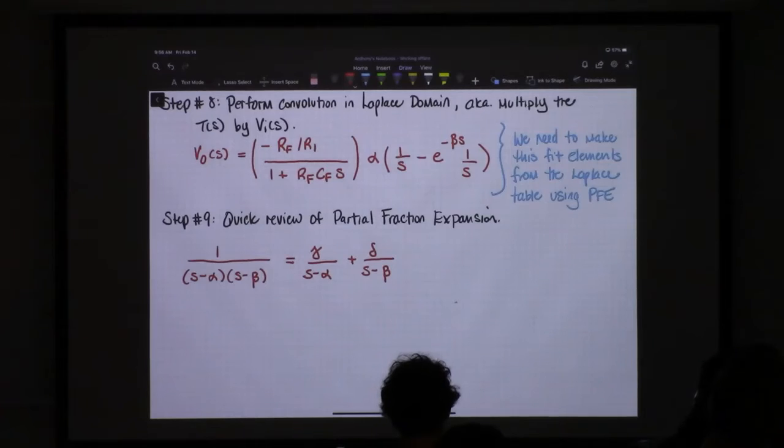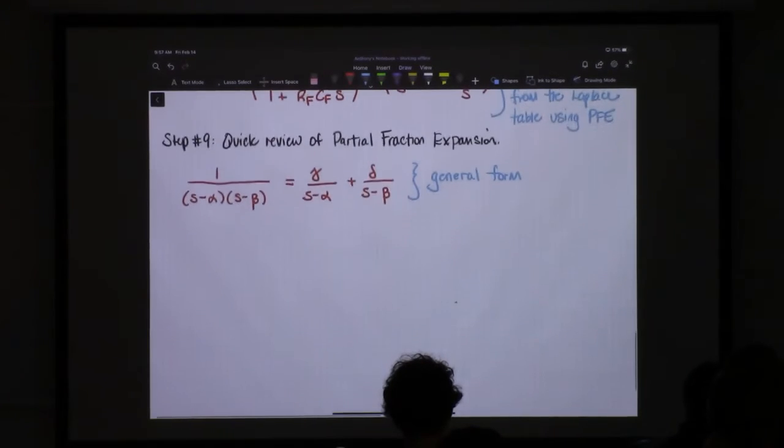So that's the form. The unknowns are gamma and delta. What are the numerators of the two elements of the partial fraction expansion?